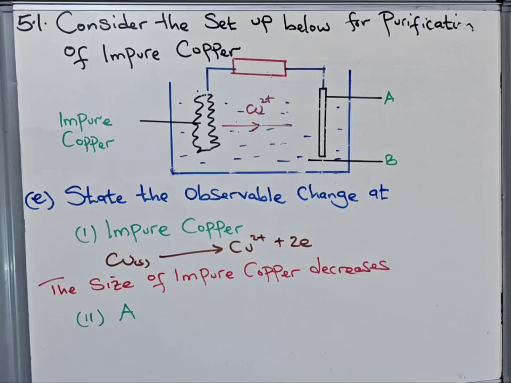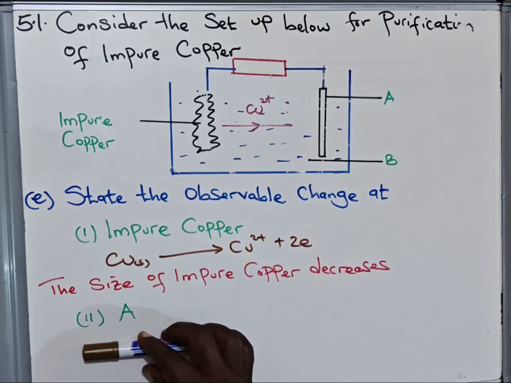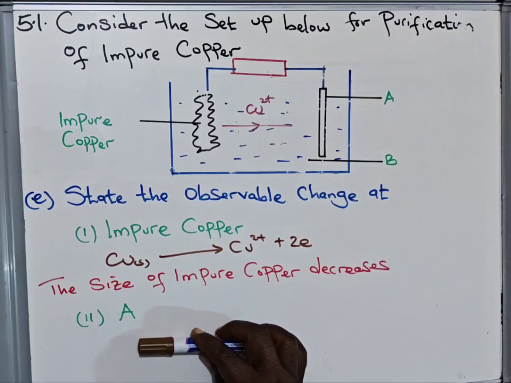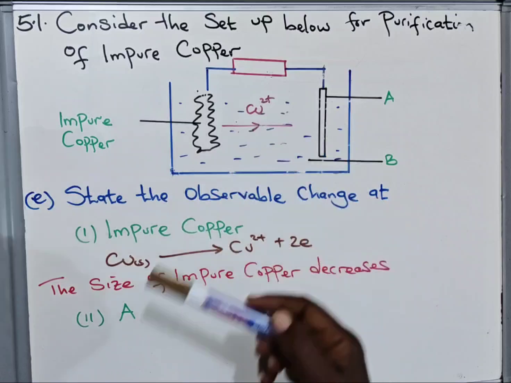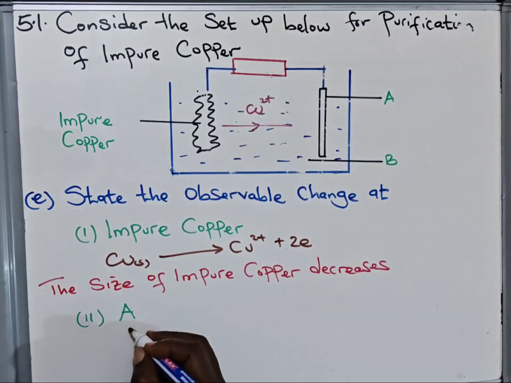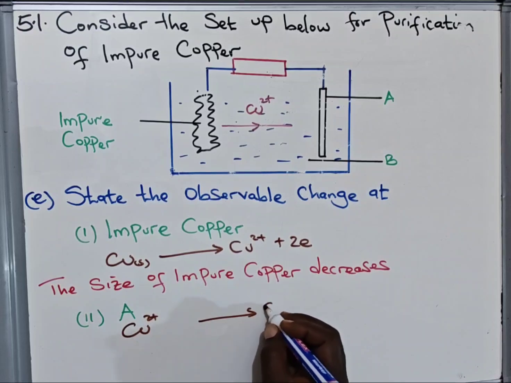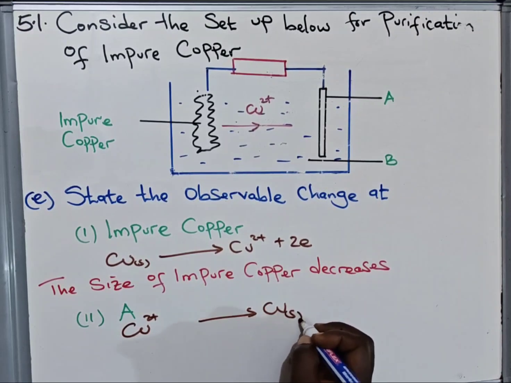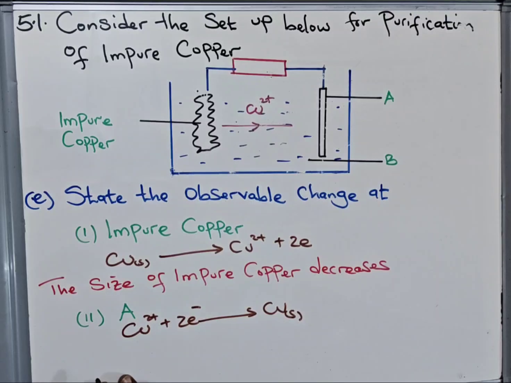To answer this question, you need to look at the half reaction which takes place at A. The half reaction is from copper ions to copper solid. So we can have copper ions changing to copper solid, and we can balance by putting the 2 electrons here.